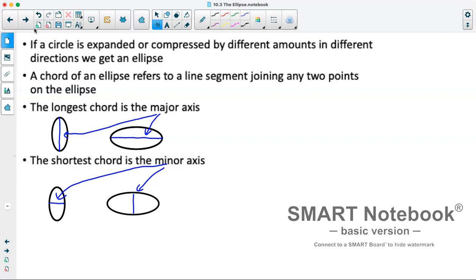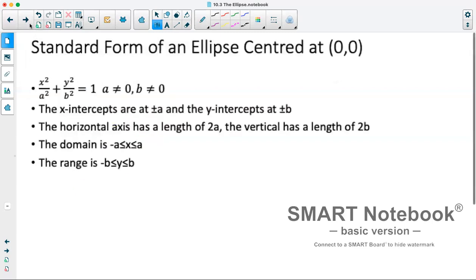Now we'll look at a couple different forms of equations. So standard form of an ellipse centered at 0, 0 is x squared over a squared plus y squared over b squared equals 1, where a cannot equal 0 and b cannot equal 0 because we are unable to divide by 0.